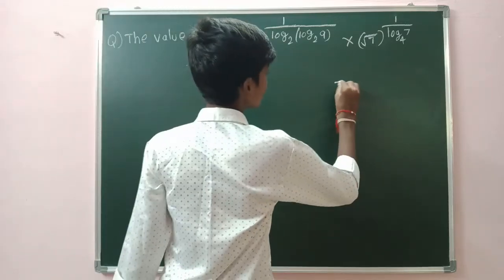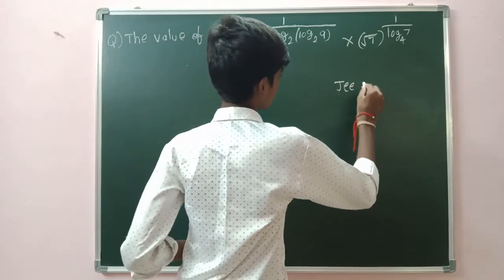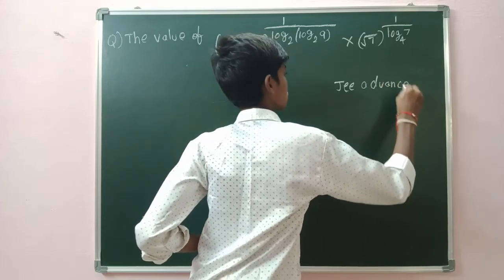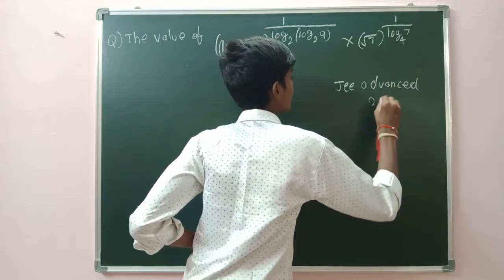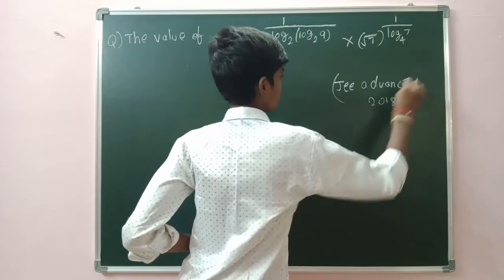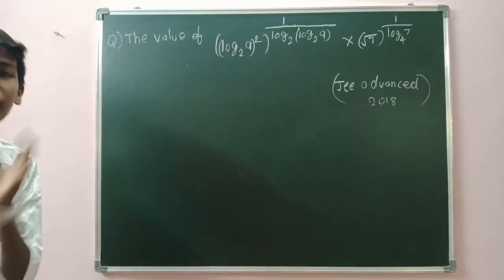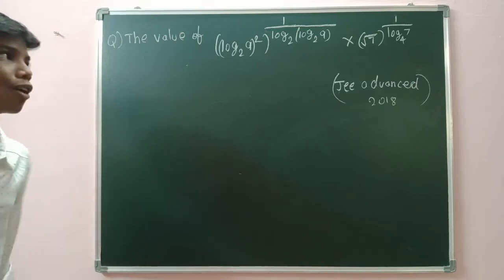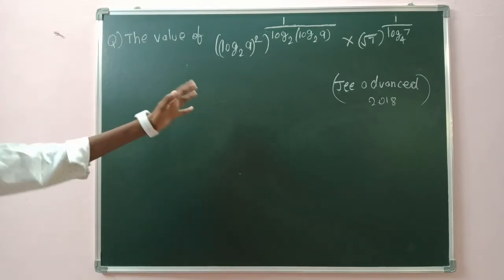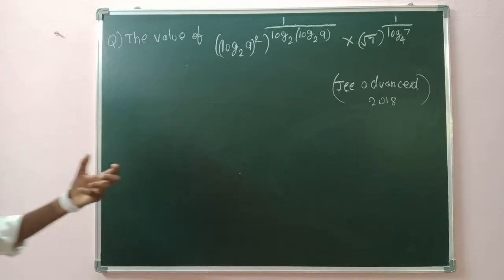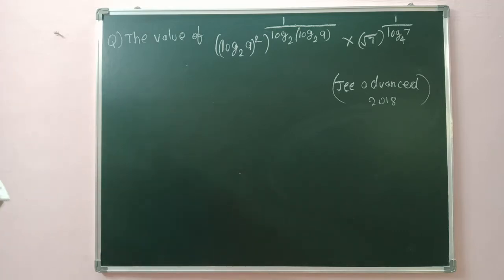This is a JEE Advanced 2018 question. If you solve this, that means you are pakka in your properties of logarithm. So please observe the logarithm very carefully. That makes your job very simple.